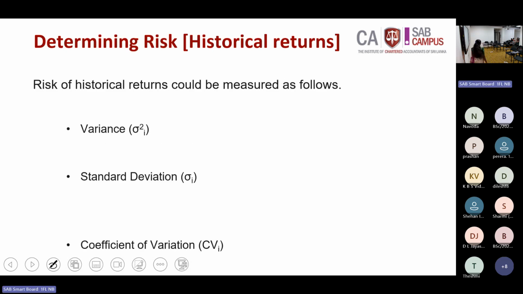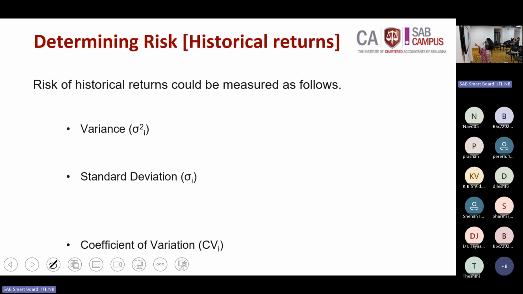Right. Now, if you are going to calculate the variation, what is the basic statistical calculation to identify the variation? Standard deviation.